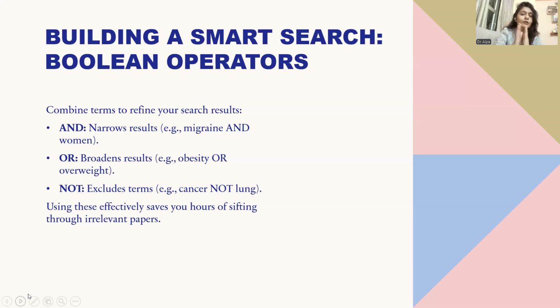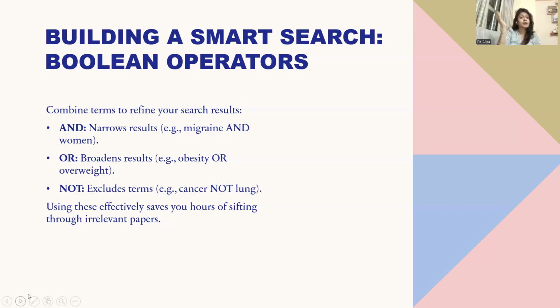For example, if you are writing migraine and women, it will narrow down your search. If I am writing myocardial infarction and HFpEF, it will narrow down my search to bring out the results of the treatment options in the HFpEF variety of MI, right?